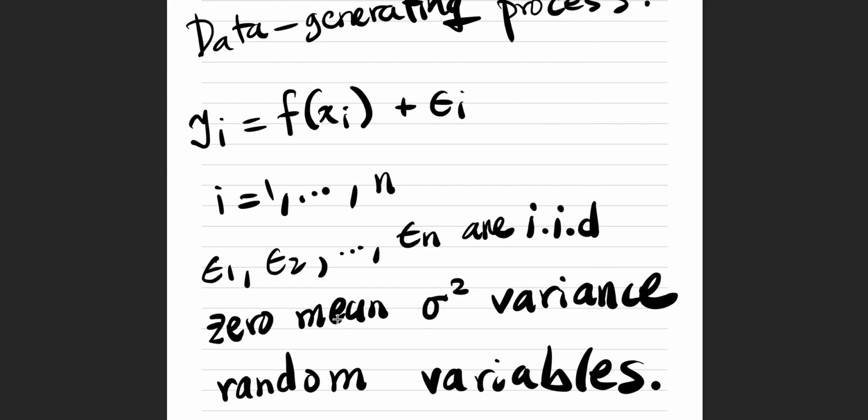They have a zero mean, they have a sigma square variance, which we don't know what it is, but we assume that the variance for all the different observations is the same. So the corruption in the signal, the power of it, is more or less the same. And they are independent, so it's just totally random. It doesn't depend on anything. That's the data generating process.